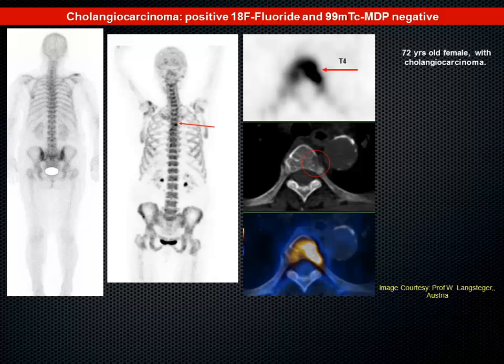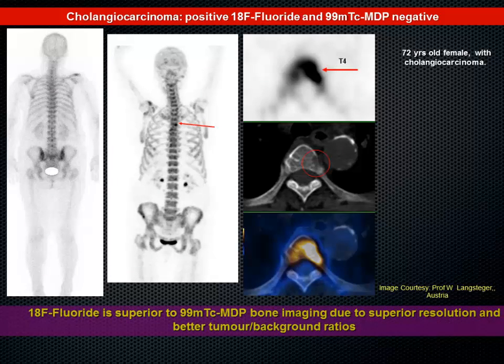Maybe MDP SPECT will detect 300 lesions and fluoride will detect 320 lesions. Then comes the question whether 300 versus 320 has any impact in terms of management. So unless we develop evidence comparing like with like, MDP SPECT with fluoride, there may be no justification for saying that fluoride is definitely better than MDP imaging.